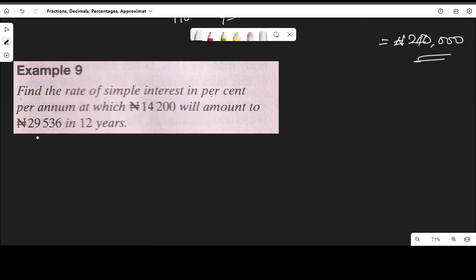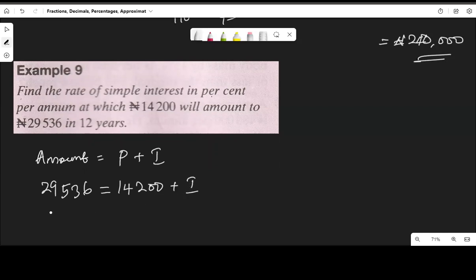We know that amount is equal to principal plus interest. Then the amount, according to the question, is 29,536 equal to the principal, 14,200, plus interest, which we don't know.